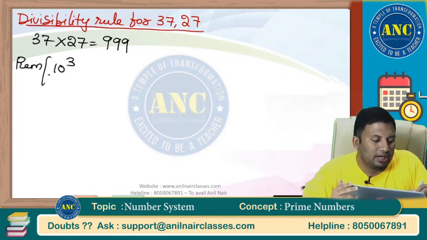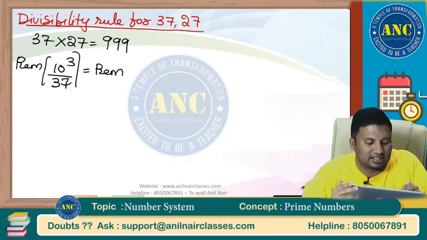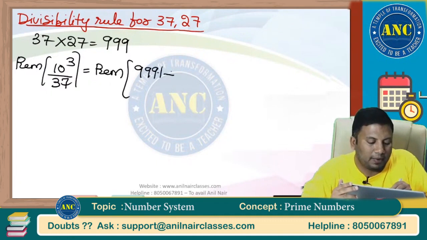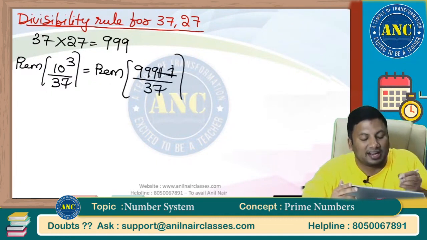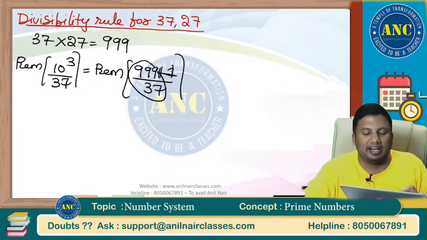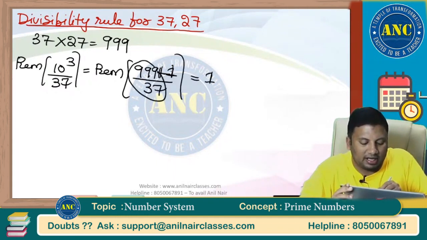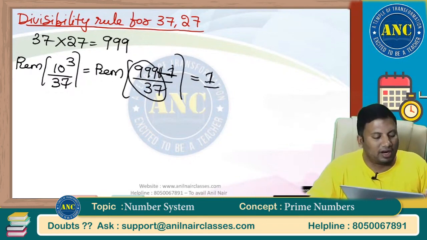10 cube divided by 37. 1000 divided by 37 is nothing but 999 plus 1 divided by 37. 999 is perfectly divisible. What is the remainder? The remainder is 1.